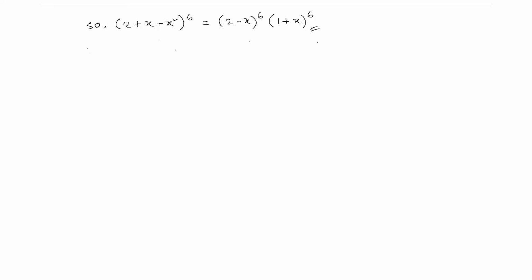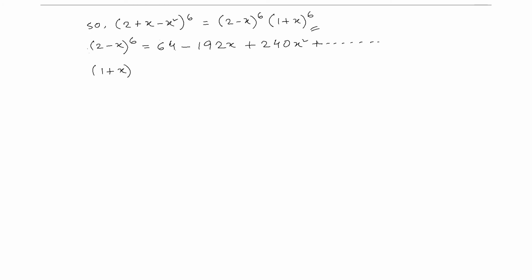Now let's write the expansion of (2 − x)^6 separately and (1 + x)^6 separately. At first, (2 − x)^6 can be written as 64 − 192x + 240x² + dot dot dot. We need only the first three terms to get the x squared term from the multiplication.